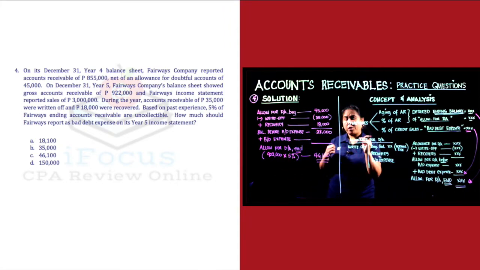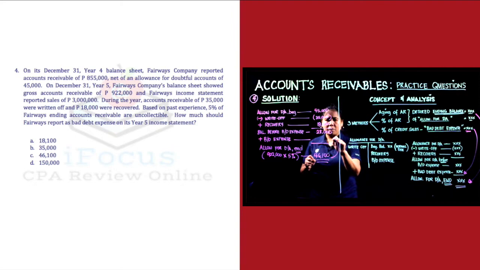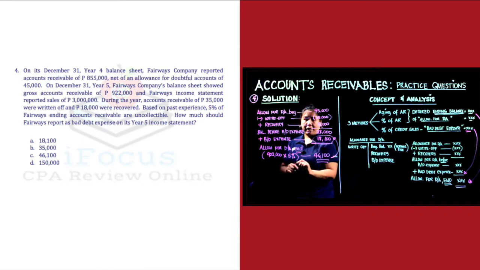So based on our percentage of the accounts receivable, this is our ending balance of our allowance for doubtful accounts, which is 46,100. So ipa-plug in lang po natin ang ating bad debts expense. Alright? And our plug-in is 18,100. So our answer is 18,100. Yan po ang bad debts expense natin. So our answer is letter A.